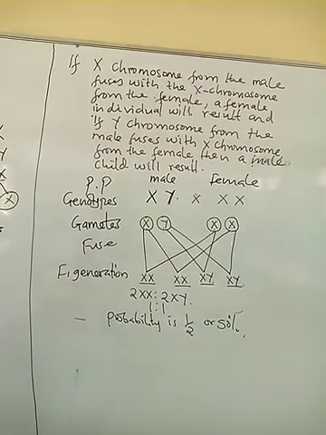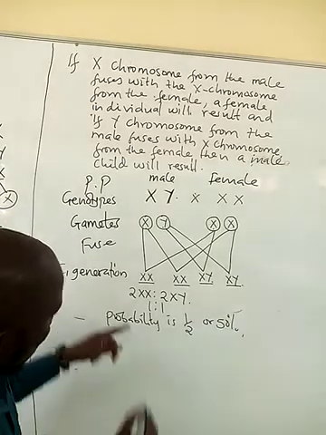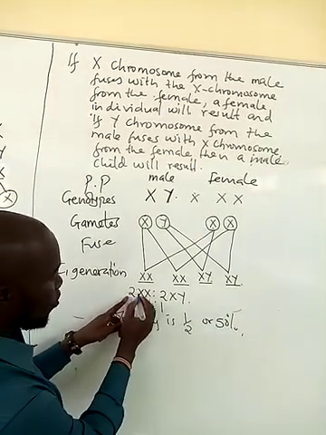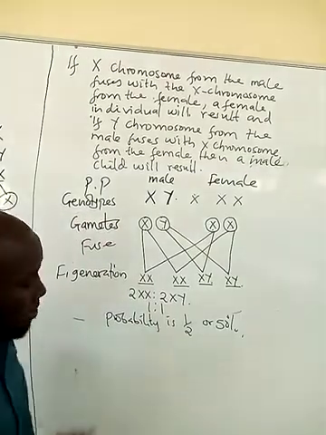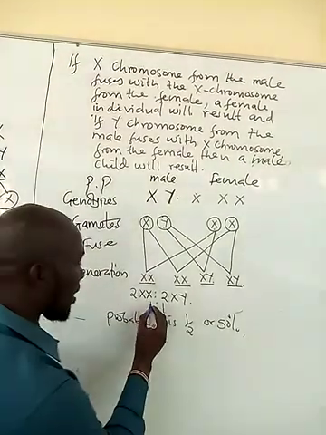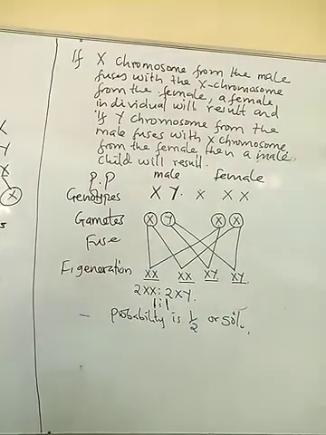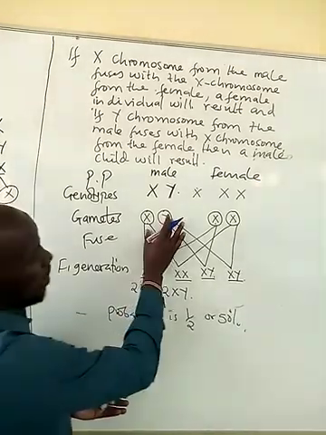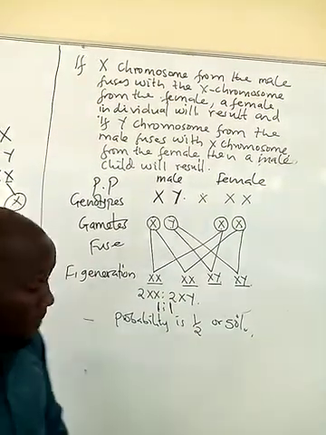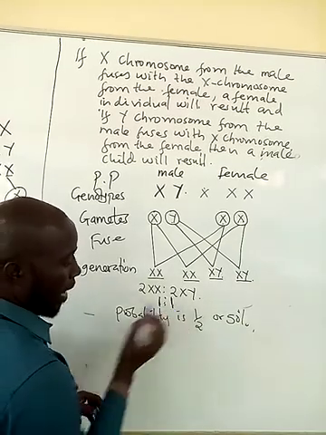If we look at the ratio of the occurrence of these chromosomes, we find that there are two XX and two XY. If we simplify that ratio, we have 1 to 1. For us to get the probability of either a male or a female child being born, we total the ratios. 1 plus 1 is 2.